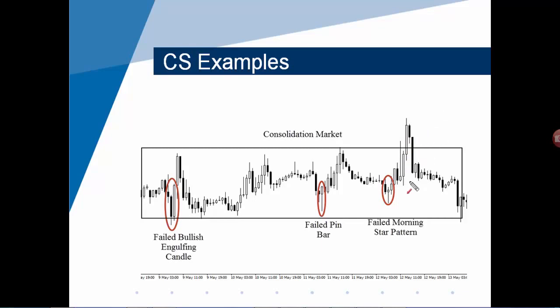But for those traders who were watching the larger time frame, let's say they were watching the daily chart, they would have seen something like this. On your daily chart, we saw that price was going downwards. Then price was consolidating, which is this. And then price started trading upwards.